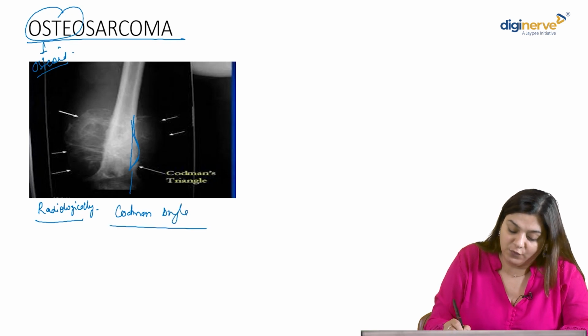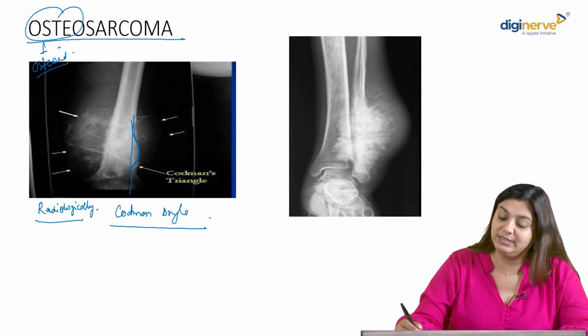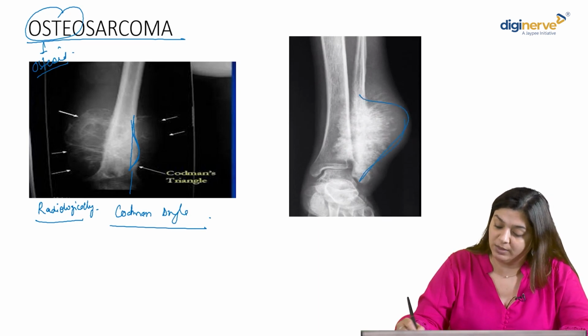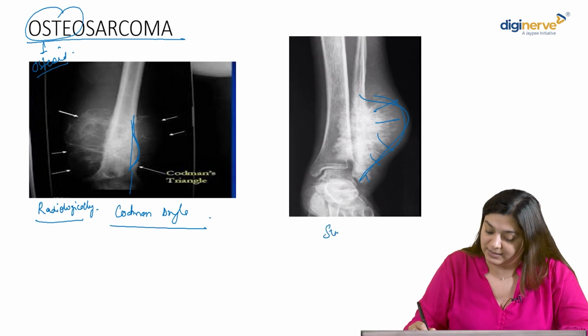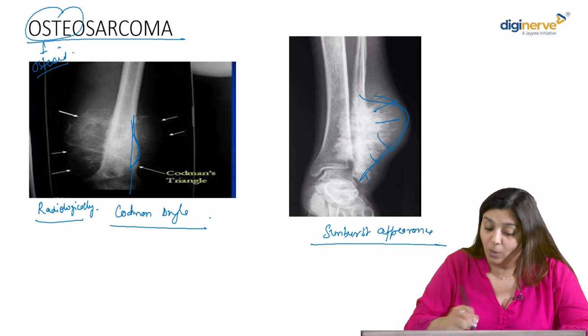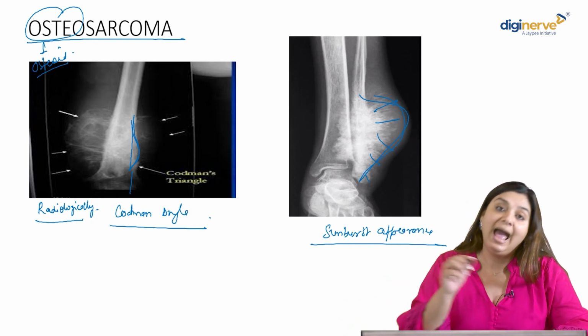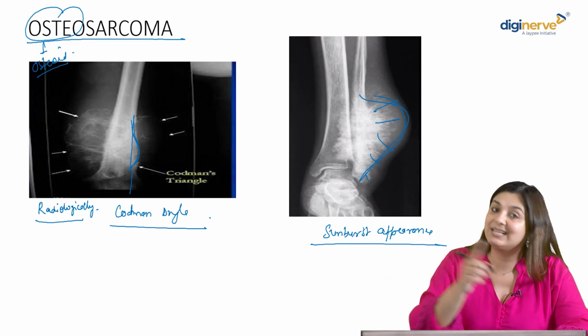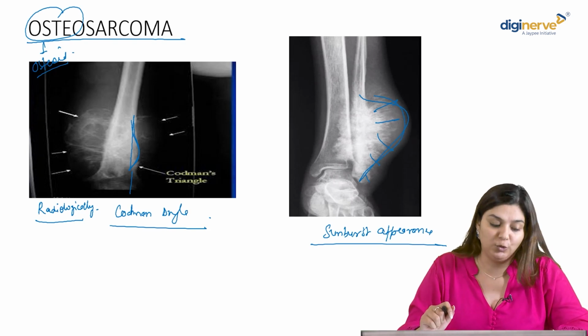A triangle is formed and that is known as a Codman triangle. Also, what you will see radiologically is the tumor appearing like the rays of the sun. So it has a sunburst appearance. All these images you will be studying in the radiology modules also, as well as in pathology. I'm discussing the radiology again because these are very diagnostic for these tumors.